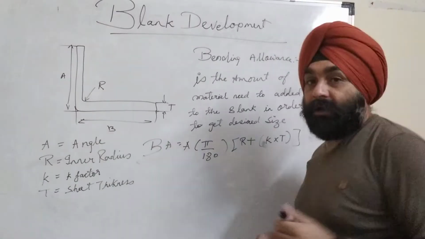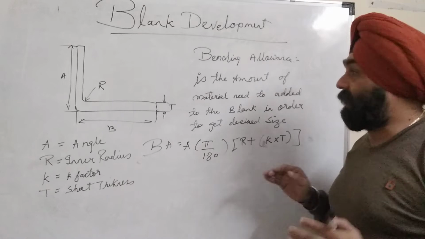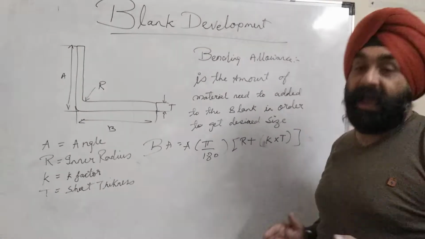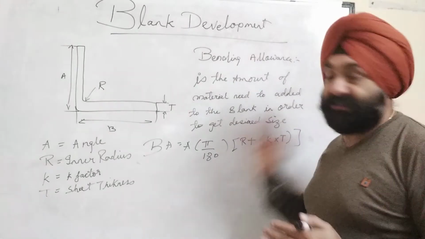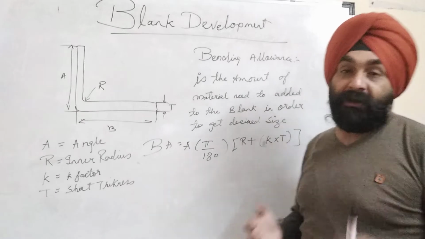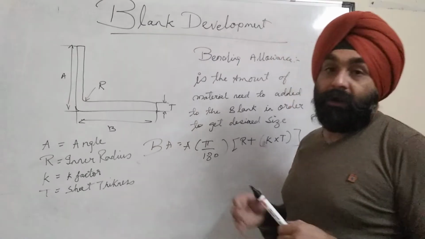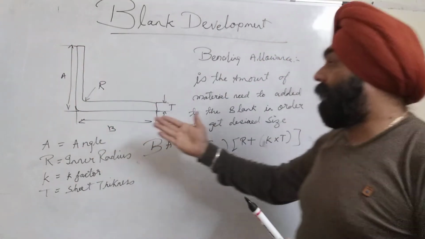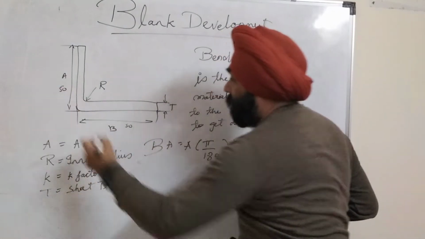So guys, what is bending allowance? Bending allowance is the amount of extra material to be added to the blank, so that after bending we will get the desired size. Take a very simple example. I have a sheet in the drawing which after bending is, say, 50 plus 50, right?